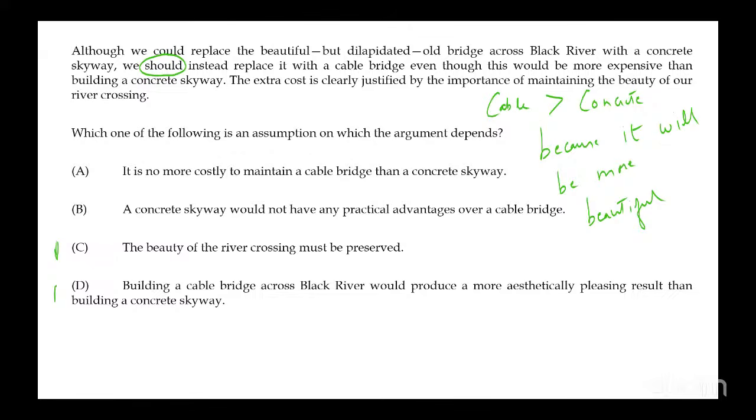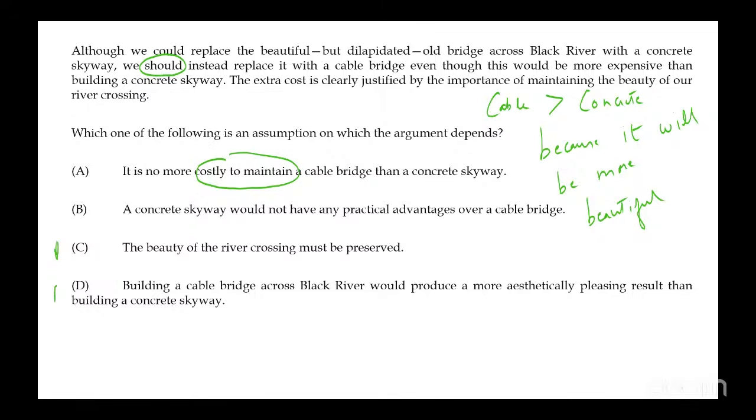A says, it is no more costly to maintain a cable bridge than a concrete skyway. So costly to maintain is not the heart of the issue, right? The point is we should replace it with a cable bridge rather than a concrete skyway because it will be more beautiful.